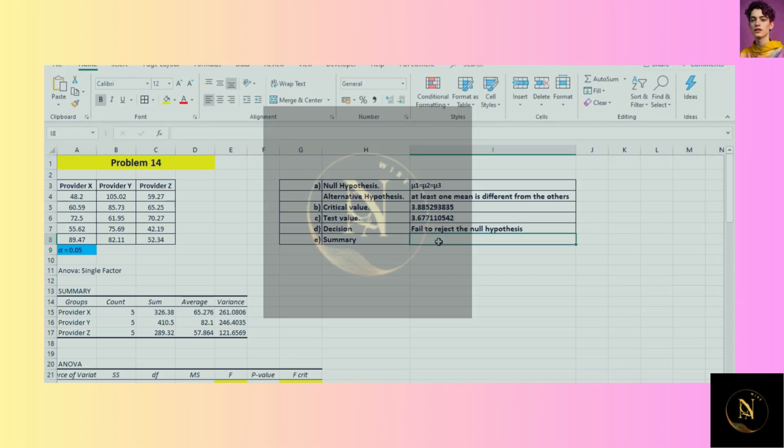So that's the summary. The three providers have equal bill amounts.